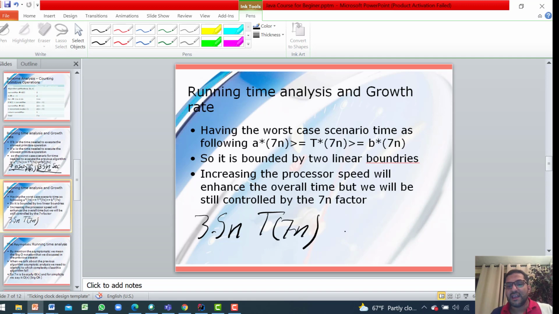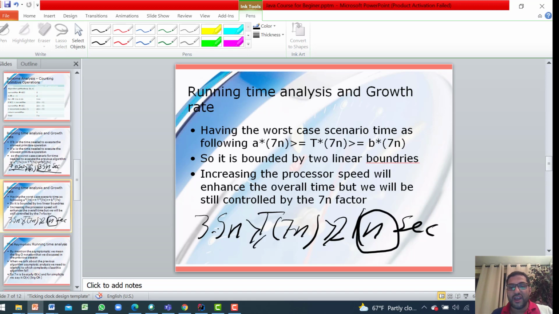And if my slowest operation is getting better by the speed of the processor, and instead of 5 it becomes 3, it's going to be 21n seconds. So my calculation should be like this, but still it is a parameter of n. And here this is a linear number or a constant or whatever.